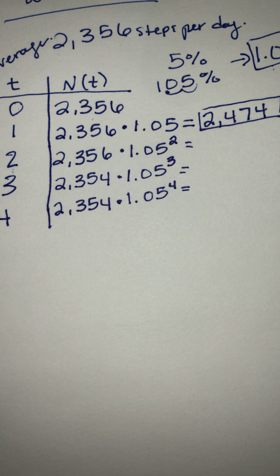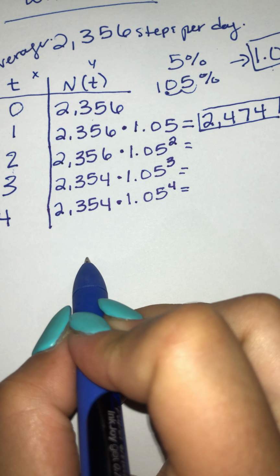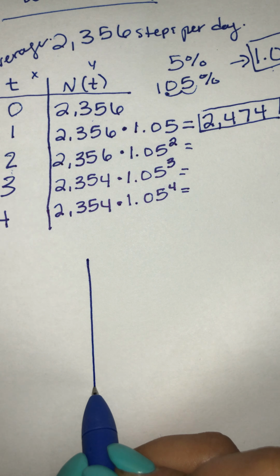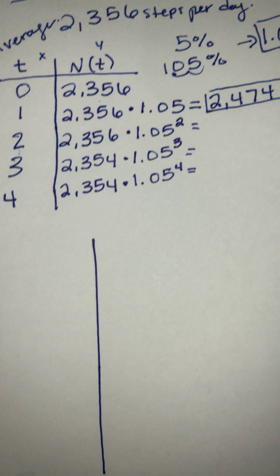You're going to be using the digital graph paper to make it a little bit easier on you. For now, I'm just going to be using pen and paper. Remember, this is your X, this is your Y. I create my graph here. It's just going to be a rough sketch.